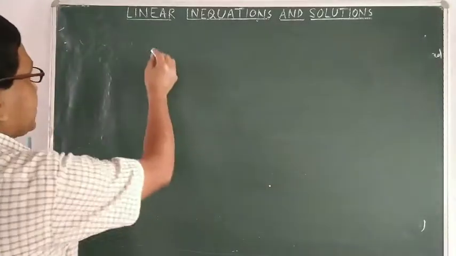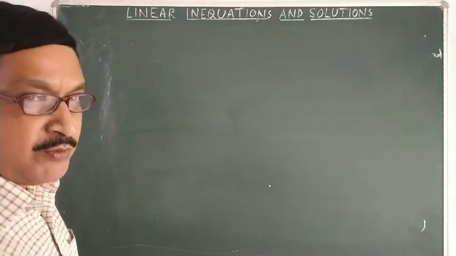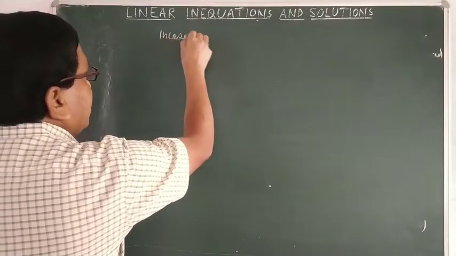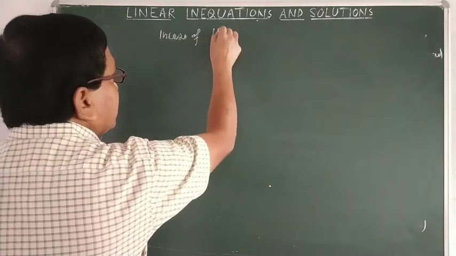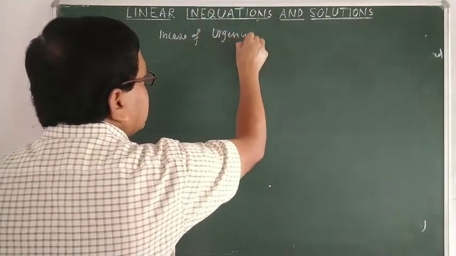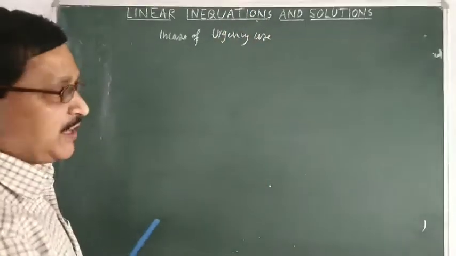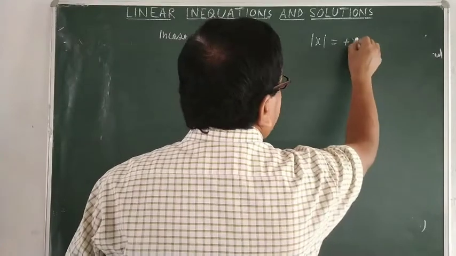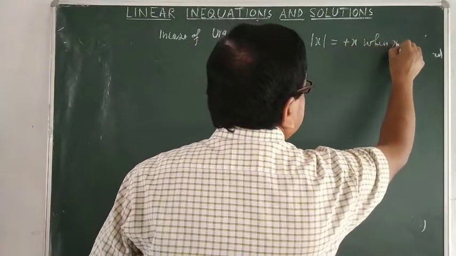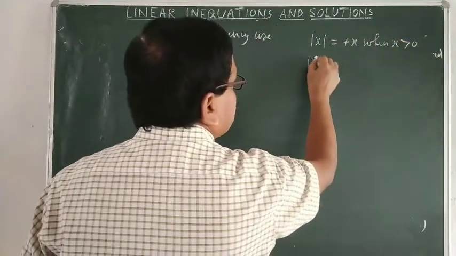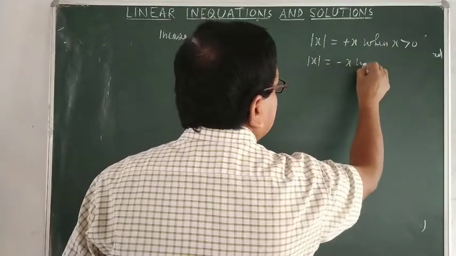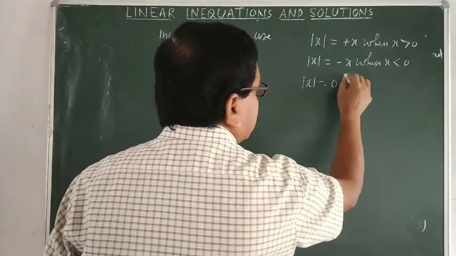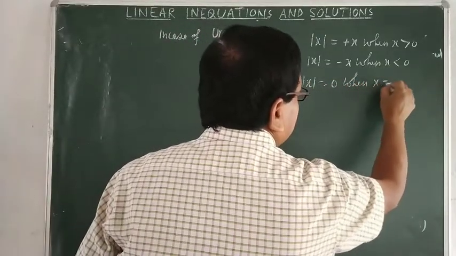Now the HOTS questions. One more thing, sometimes in case of urgency, use this concept: modulus of x is equal to positive x when x is greater than 0, modulus of x is equal to negative x when x is smaller than 0, modulus of x is equal to 0 when x is equal to 0.